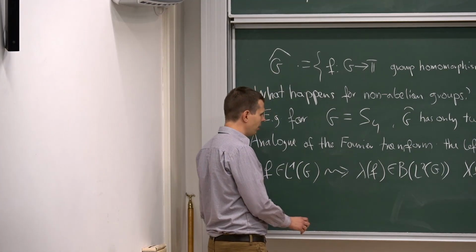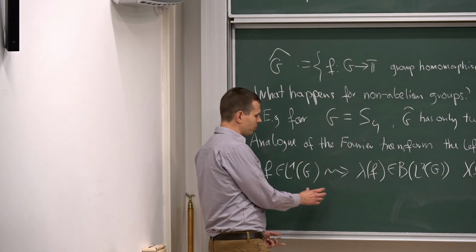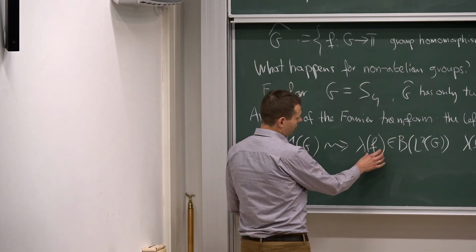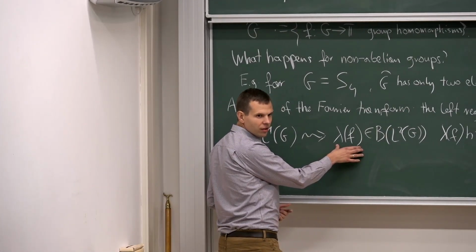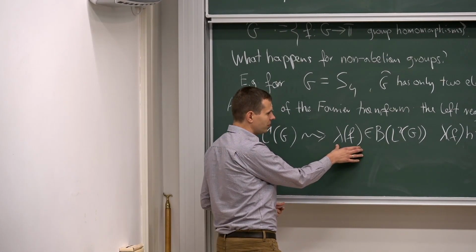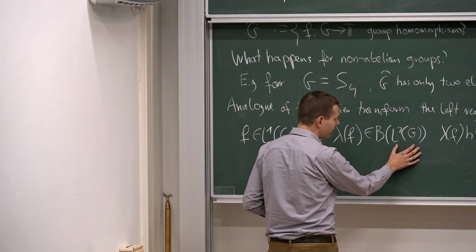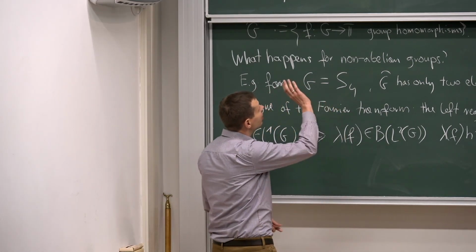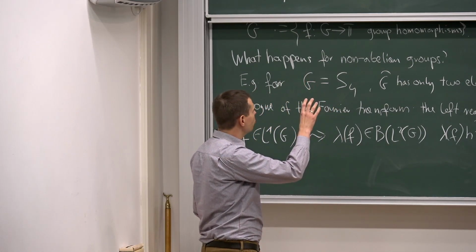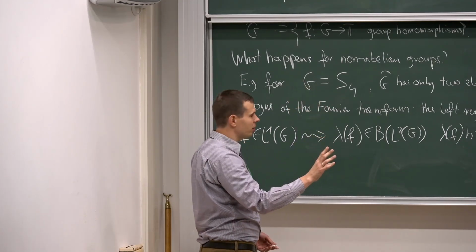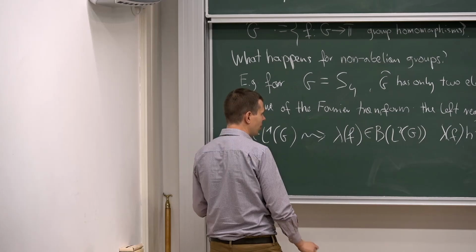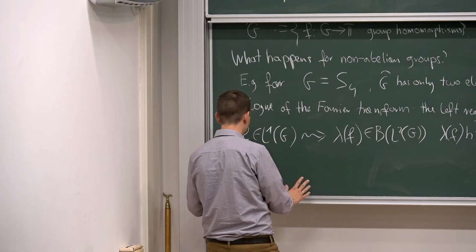And then you can look at the von Neumann subalgebra generated by these left convolution operators on this Hilbert space. And then in the abelian case, you could really identify this with some functions on the dual. So let me just write down something.